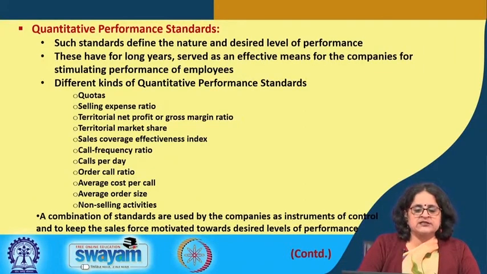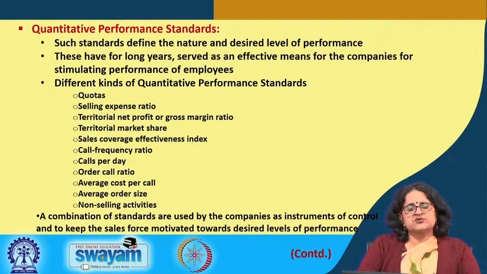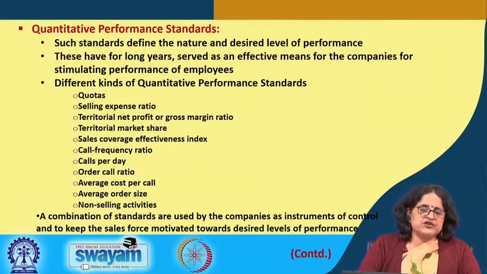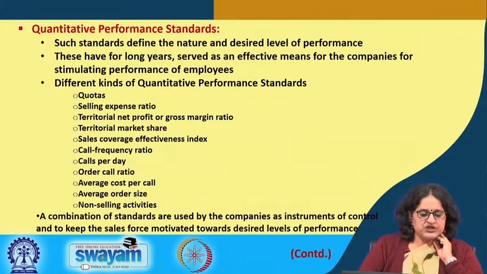Now quantitative standards, as I said, are those which are objective, and they define the nature and desired level of performance. Quantitative standards have been used by companies for encouraging employee performance for years and years. They have different kinds of quantitative performance standards, like for example the quotas, the selling expense ratio, the territorial net profit or the gross margin ratio, the territorial market share, the sales coverage effectiveness index, the call frequency ratio, the order call ratio, average cost per call, average order size, as well as non-selling activities.